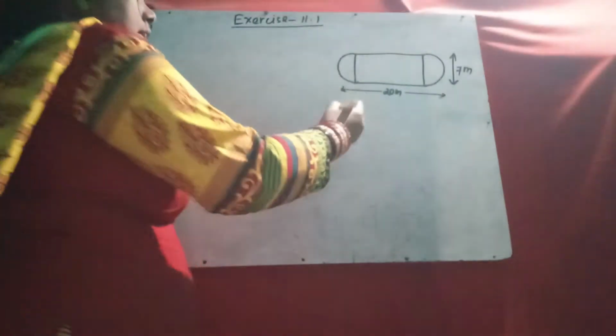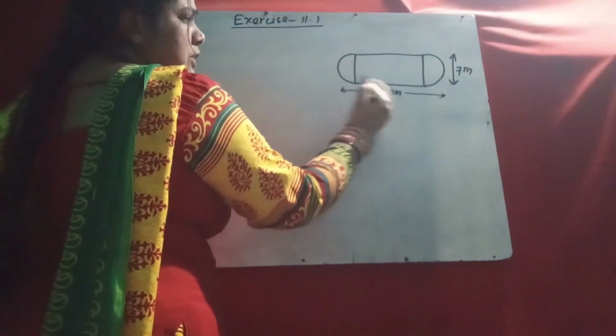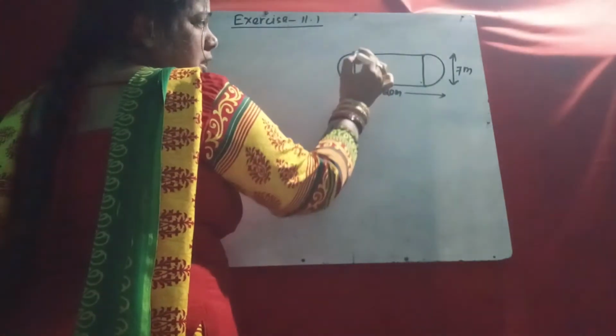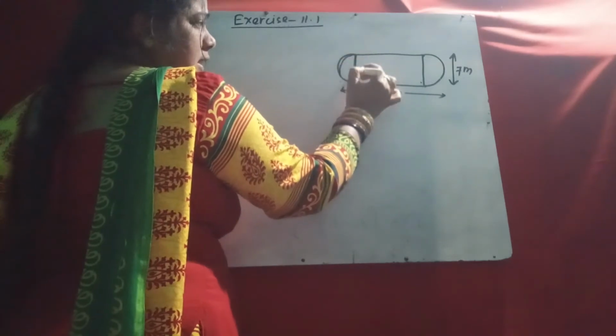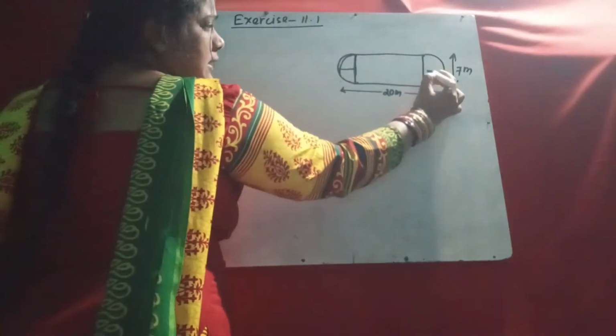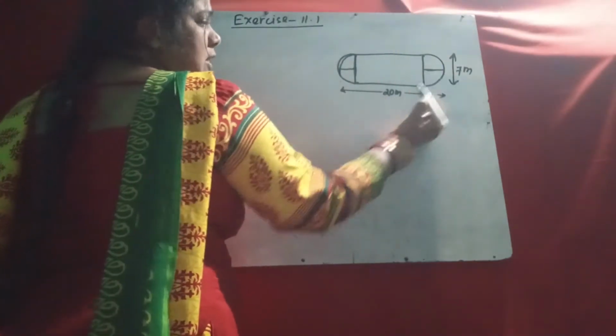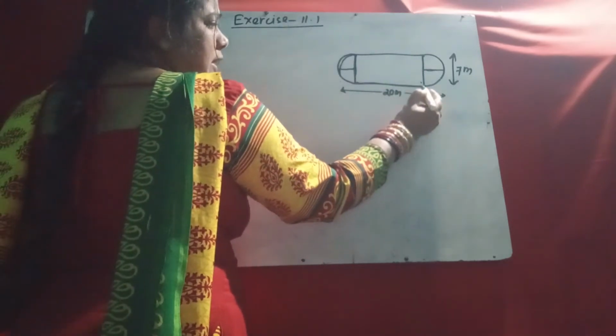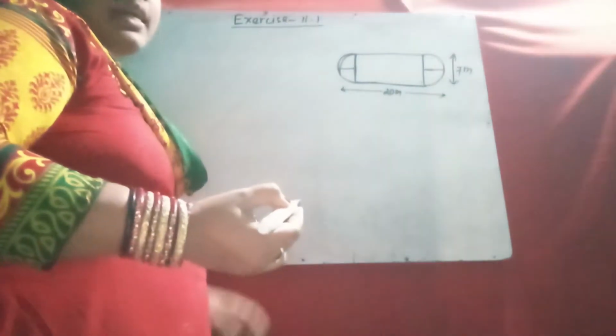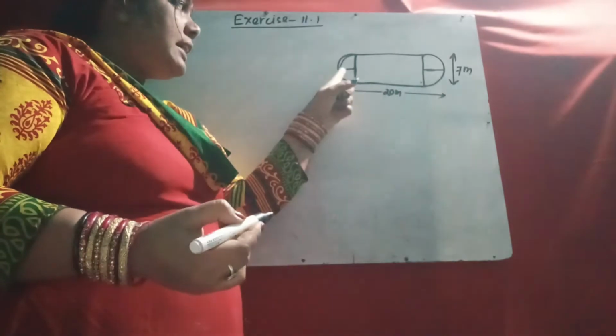In this picture, the complete length from here to here is 20 meter and the width is 7 meter. It is a semicircle, meaning the width is the diameter of the circle, and from this point to this is the radius. To find the length of the rectangle, you have to subtract here.